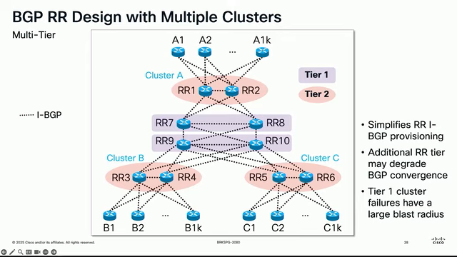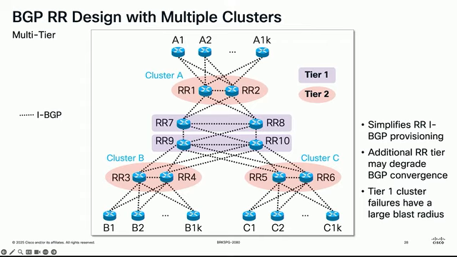And then this design adds a tier 1 level of route reflectors, right? And so now all of the tier 2 route reflectors, instead of a full mesh between each of them, peer with the tier 1 route reflectors, right? So this design reduces the mesh, so it helps with scaling the control plane, right?